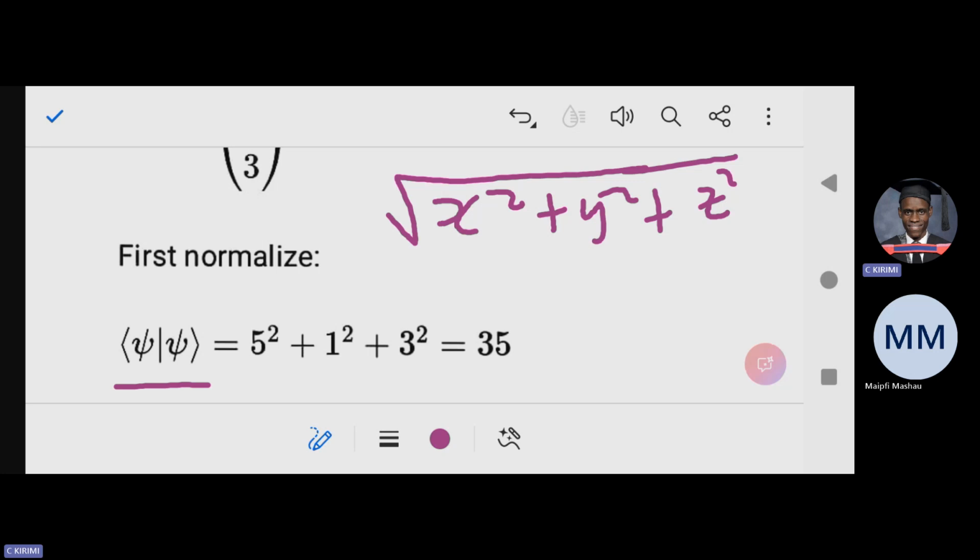So in other words, what is inside the bracket gives us 35: 5 squared is 25, plus 1 squared gives 26, plus 3 squared, which is 9, gives 35. So we have the magnitude of what is inside.